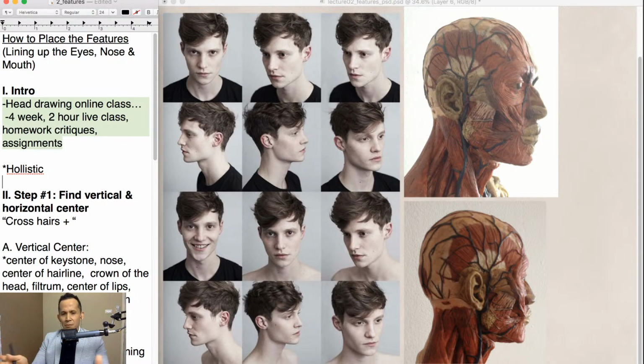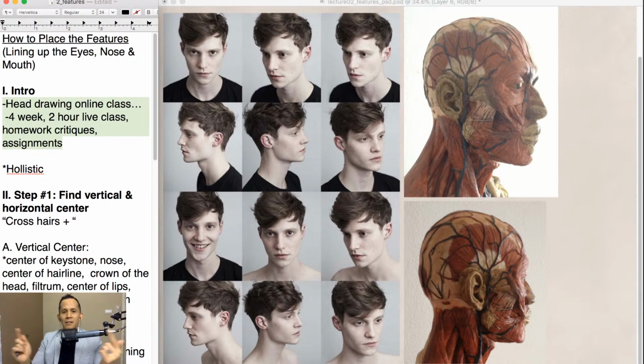I try to use every tool I have, every technique I have to get the end goal, which is realistic heads, faces, and figures. So what I'm going to share here about the features is just one small sample, one idea, but this idea is related to other ideas. For example, we're going to talk about placement, but placement is also related to planes, which is another idea we'll talk about later.